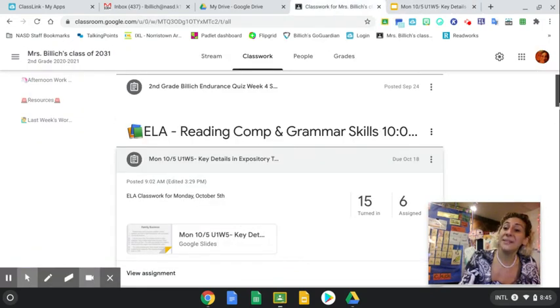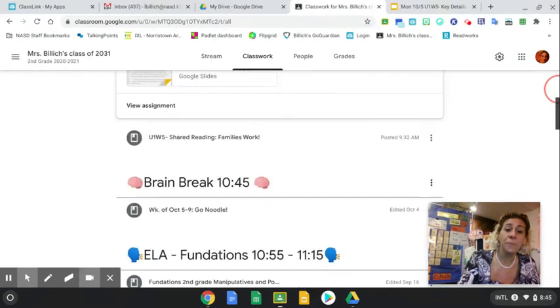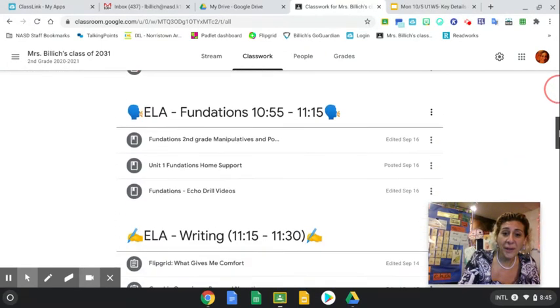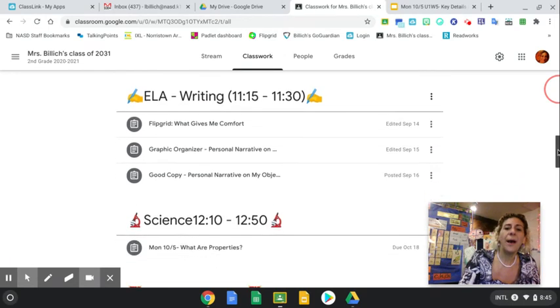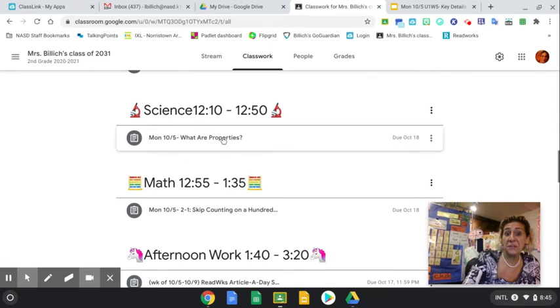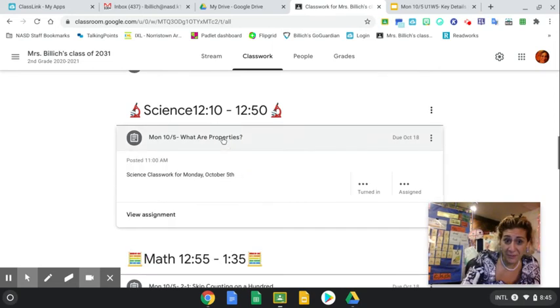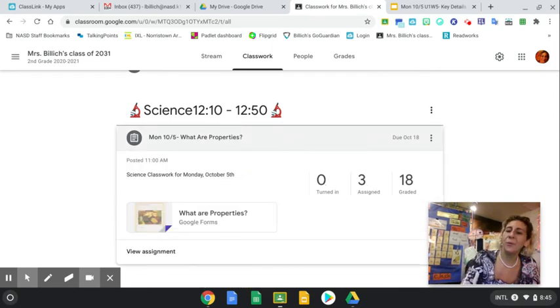Then we went on to science after lunch. We have moved on from our what is matter to learning about the properties of matter. So first they needed to learn what the word properties meant. We had a great lesson from Miss Travis on what properties are.